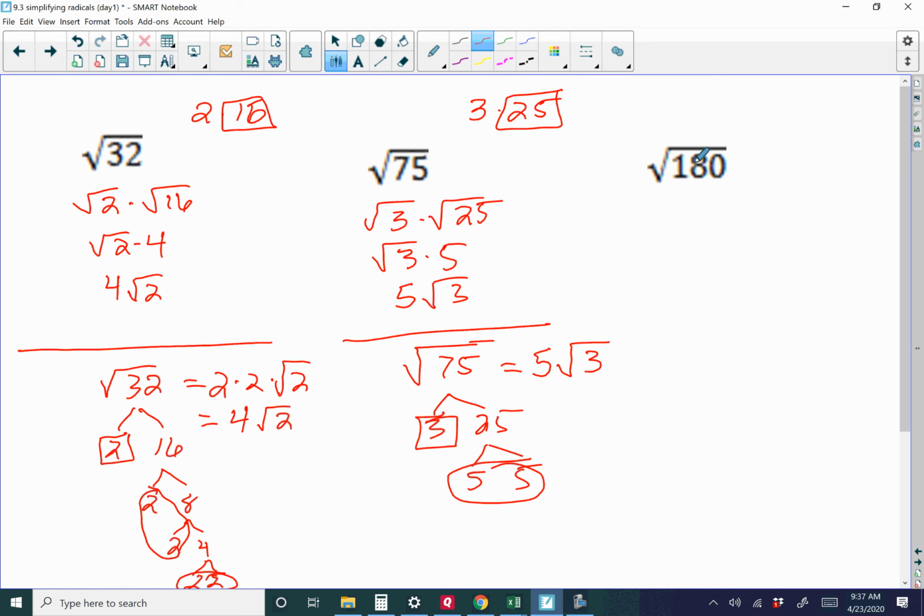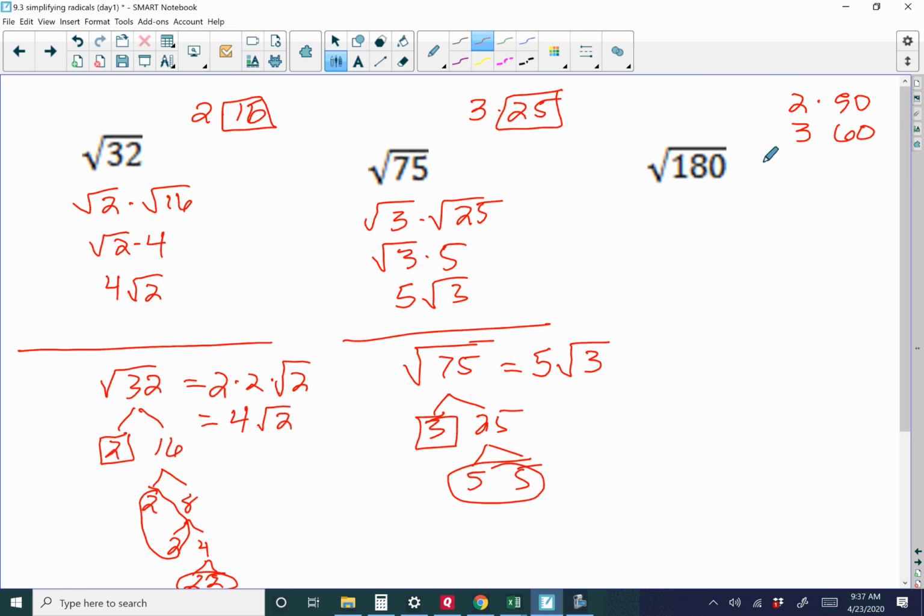Square root of 180. So let's see. There are factors of 180. Well, you can choose any of them. How about, we could look at 2 times 90. 90 is not a perfect square. 3 times 60.